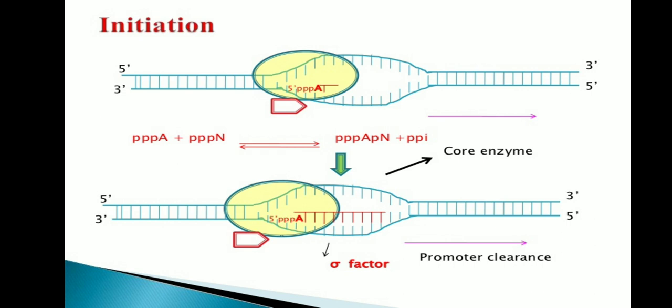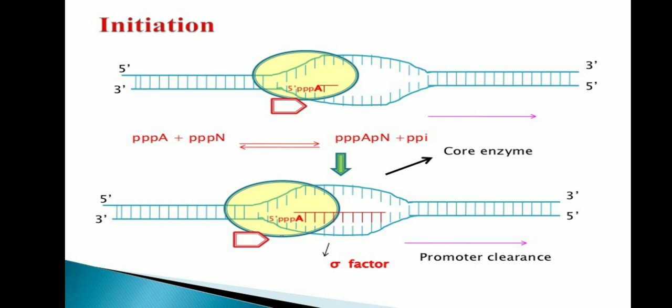The region of unwound DNA, where the two different strands separate, is called the transcription bubble. It appears to move along the DNA with the polymerase, and the size of the transcription bubble remains constant at around 17 base pairs in the prokaryotic system.